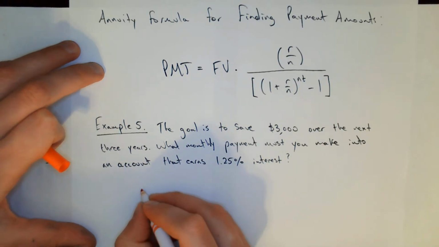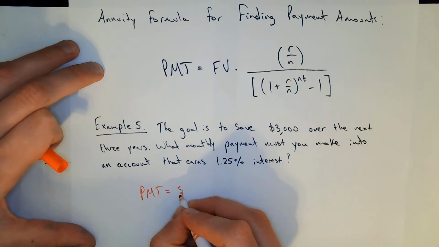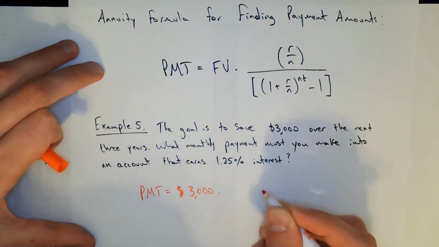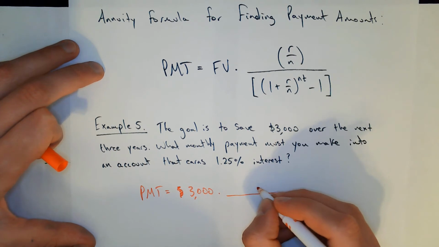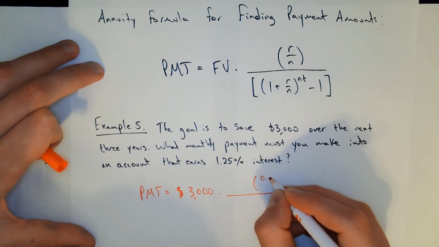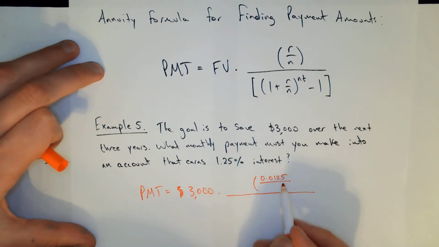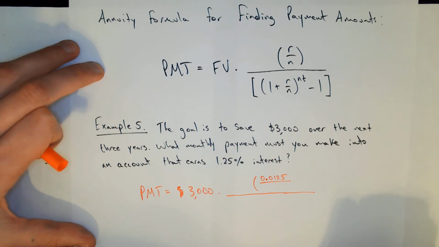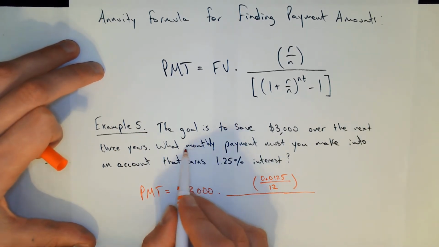All right, so I'm not going to rewrite the formula since it's right there. I will plug things in though. So PMT is equal to future value, that goal, 3,000 times, big fraction bar, R over N. R is 0.0125, again just dividing that percent by 100 to get my percent as a decimal, over N. N is 12 because they say right there, monthly.